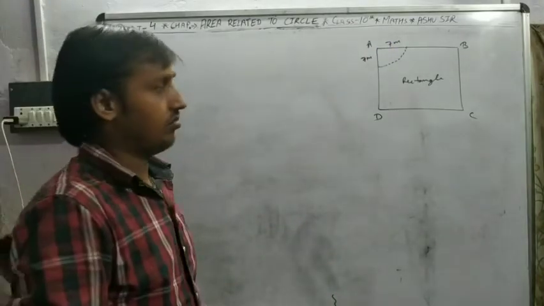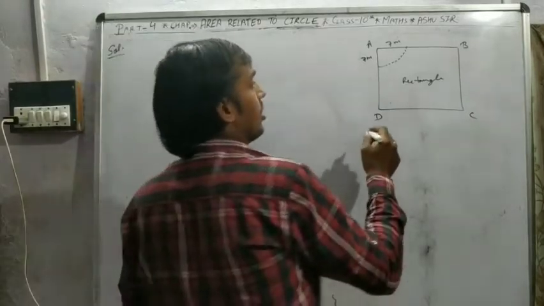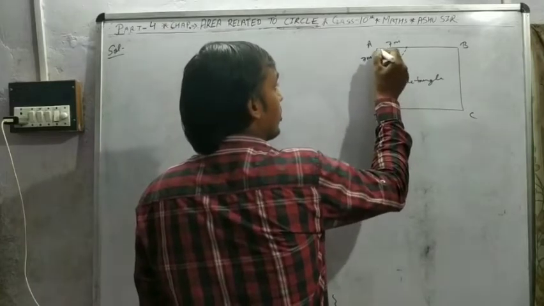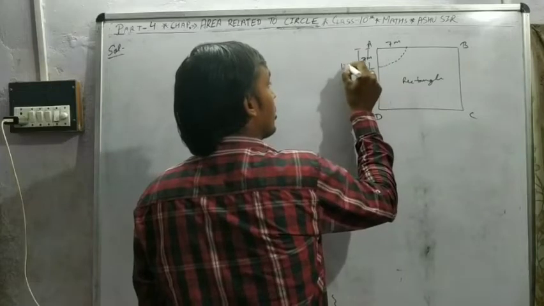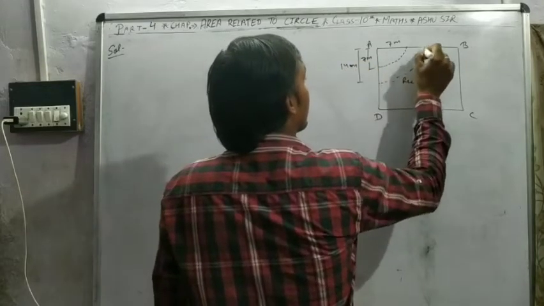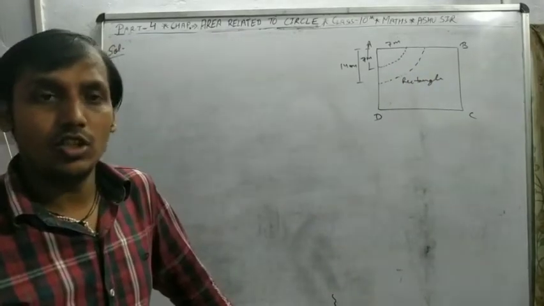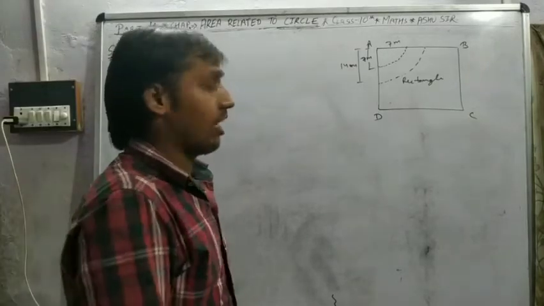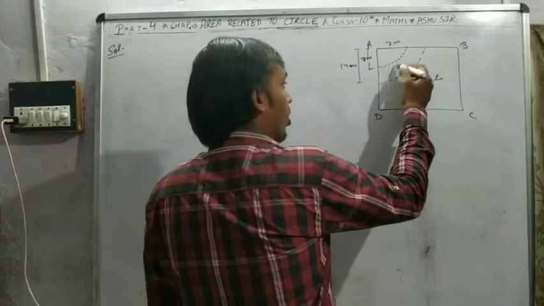After some time the rope is increased by 7 meters, so the rope becomes 14 meters. If this whole is grassy land, how much more grass can be grazed? That means you want to find the area of this part.